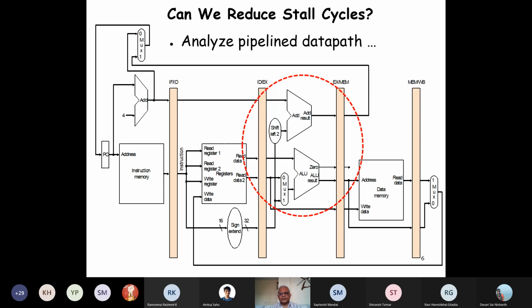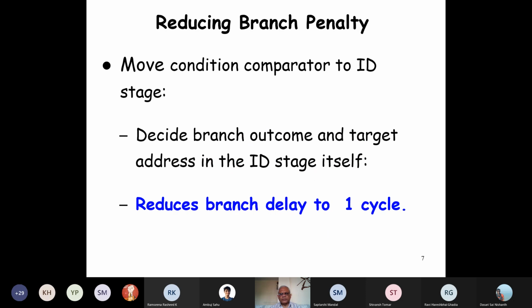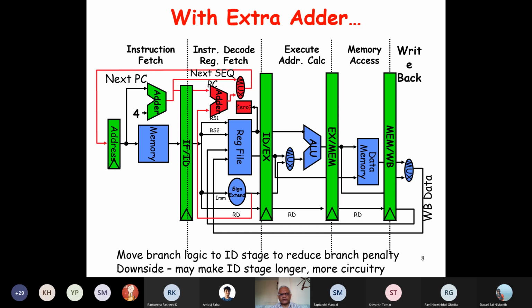And that's exactly what we'll do. We will move the comparator to the previous stage, and that will reduce the branch delay to 1 cycle. So that's what we have done here. We brought back this adder and the multiplexer from the previous stage to this stage, and also we have this hardware which can check these registers for equal to, greater than, the conditional check it can do.